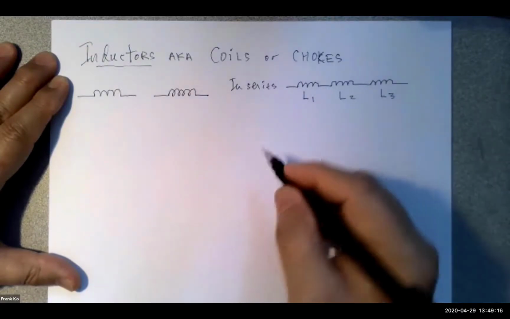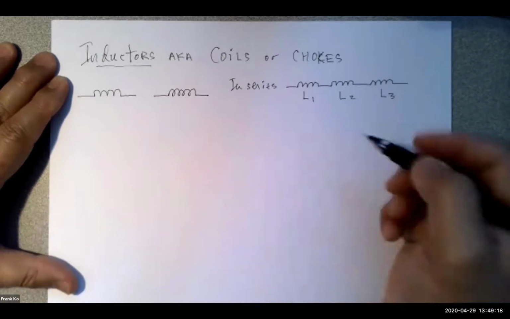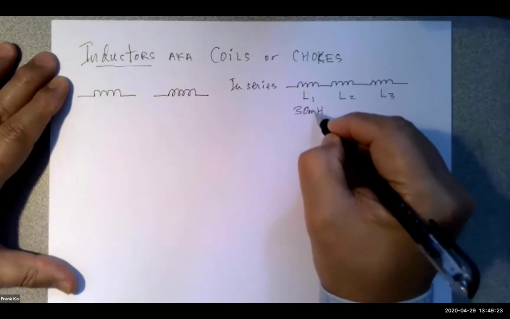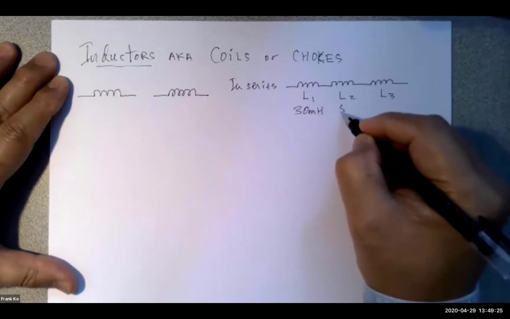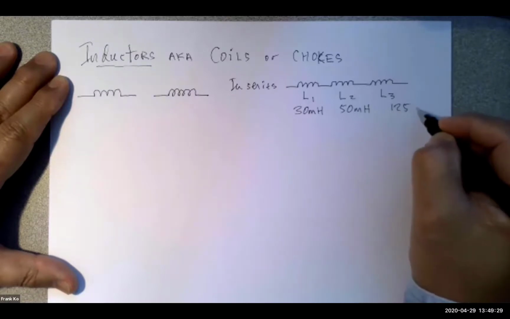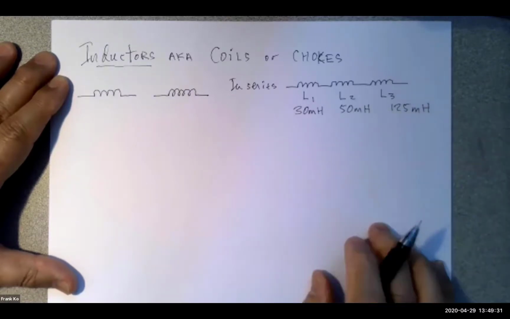And the units are in henries. So let's say this is 30 millihenries. This is 50 millihenries. And let's say this is 125 millihenries.